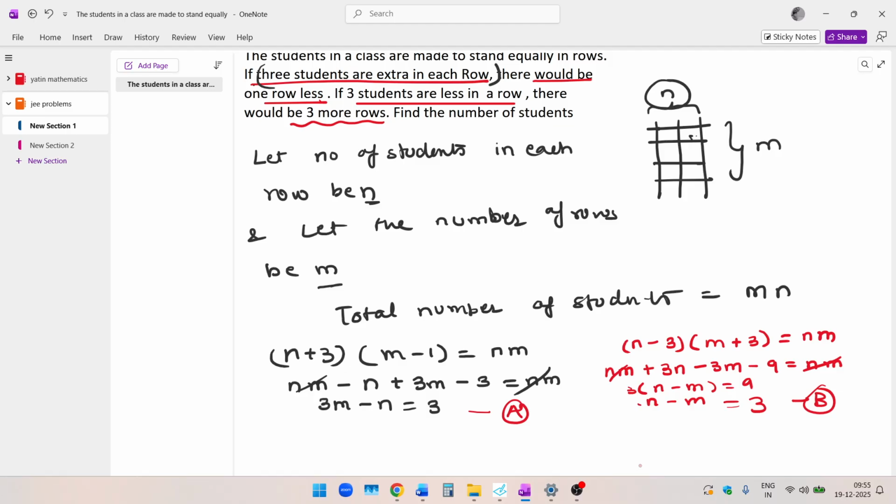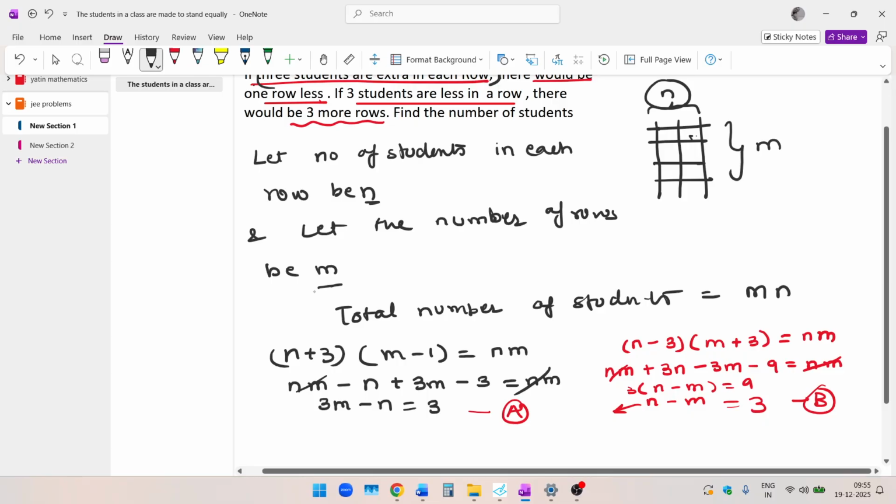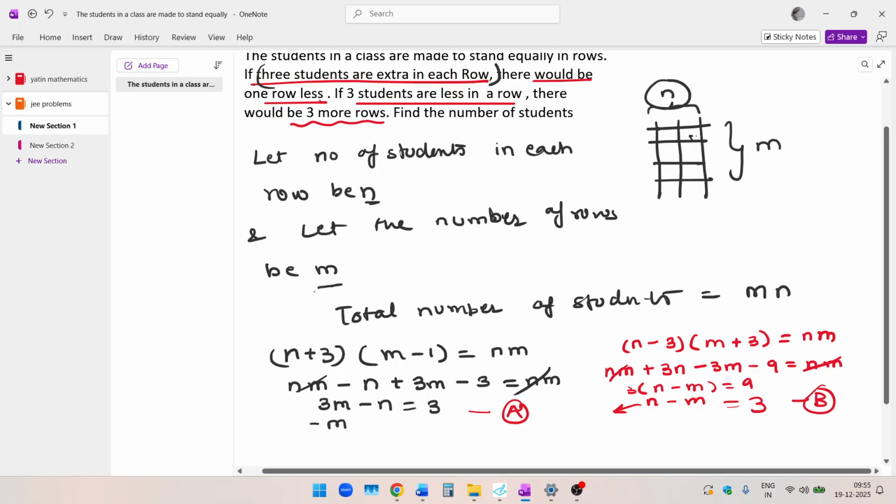I'll get minus m plus n is equal to 3. Add these two equations, this will get cancelled. You will get 3 minus 1, that is 2m, equal to 3 plus 3, which is 6. So 2m is equal to 6. This means m is equal to 3.